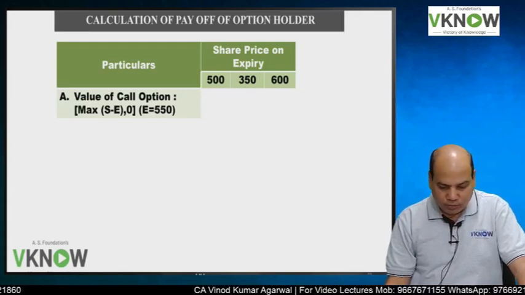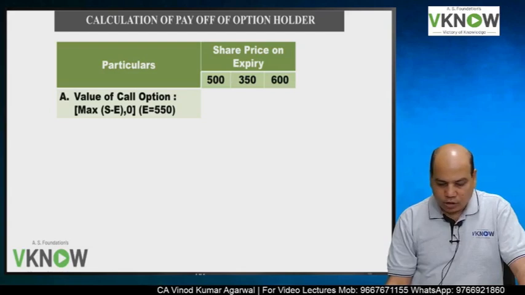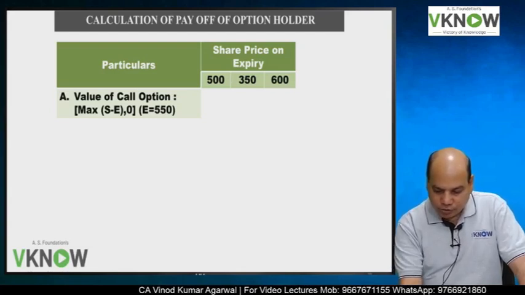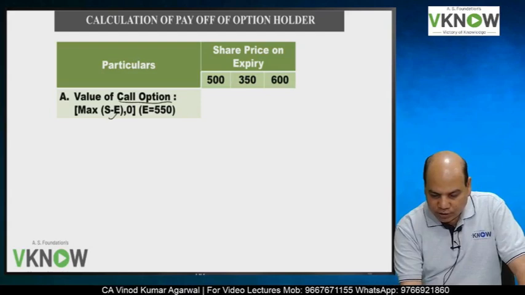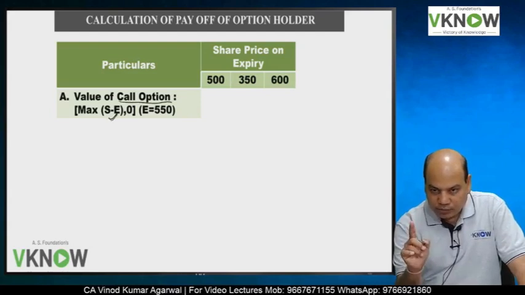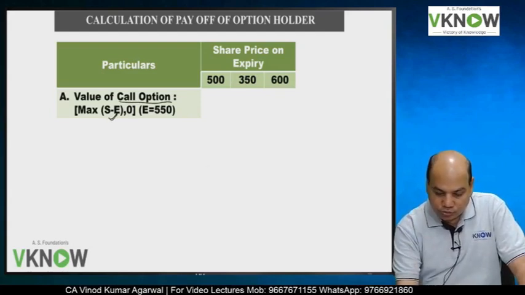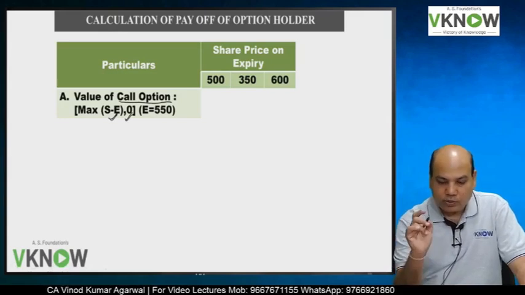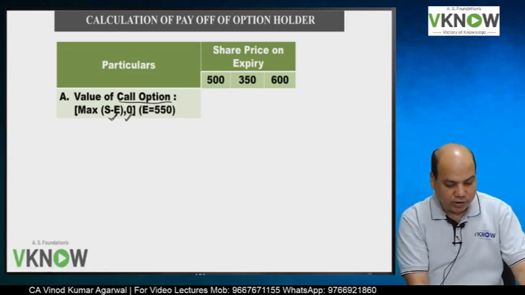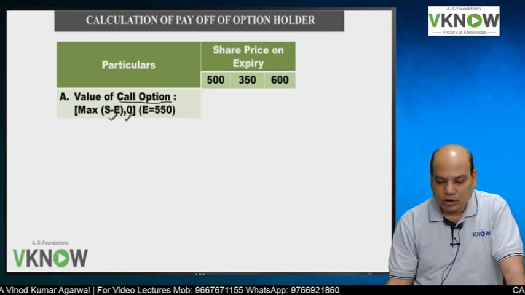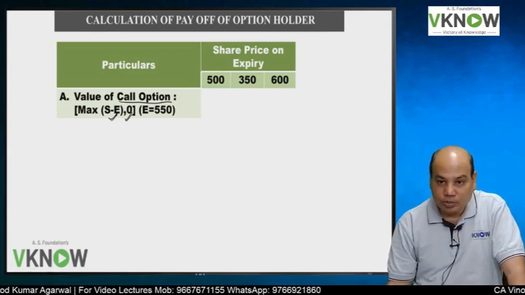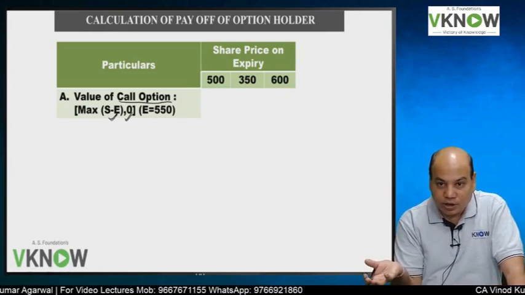Value of call option. In case of call option, we have a right but not the obligation to buy. So either my payoff will be positive, that is S minus E, or zero. It can't be negative. You are holder of an option, you paid a premium for that.